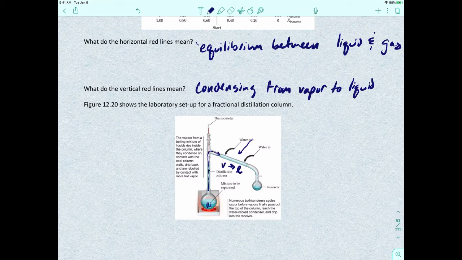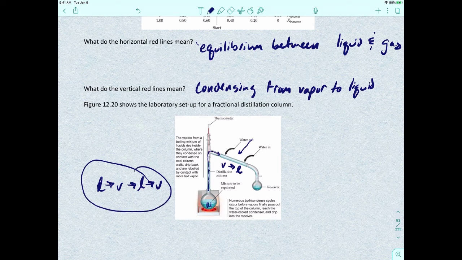Now the goal here is that the more times we can purify this mixture, the more times we can make it go from liquid to vapor, back to liquid, back to vapor, the more pure our collection will be. So that's kind of the plan here.